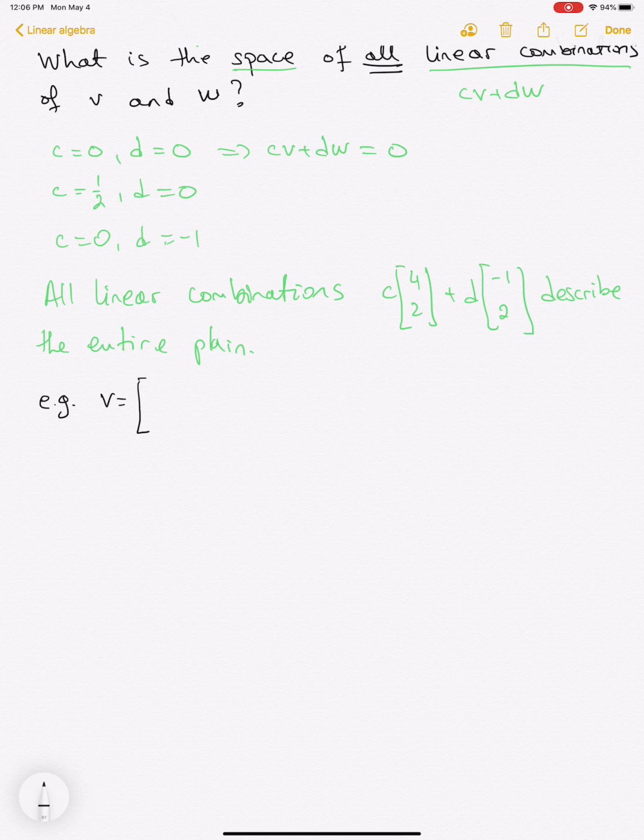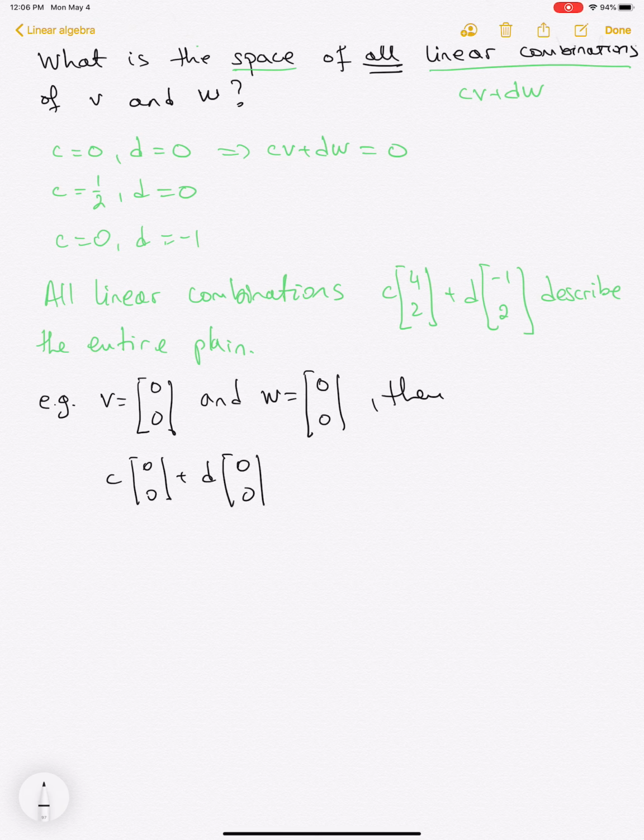If V is the 0 vector, and if W is the zero vector, then all combinations C times (0, 0) plus D times (0, 0) will look like (0, 0).